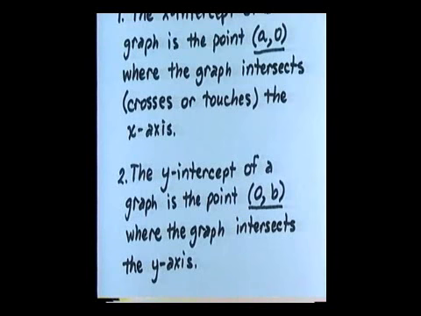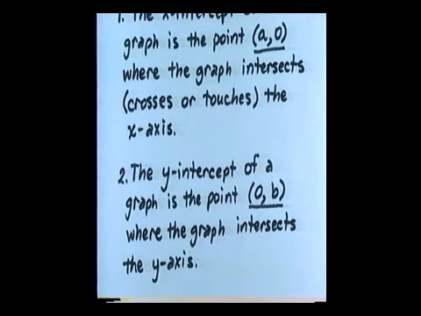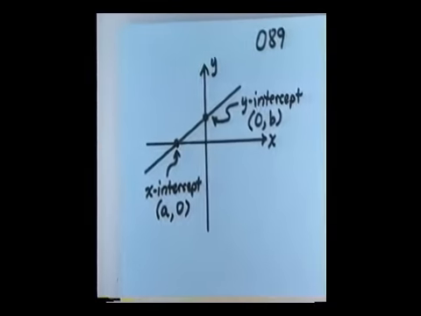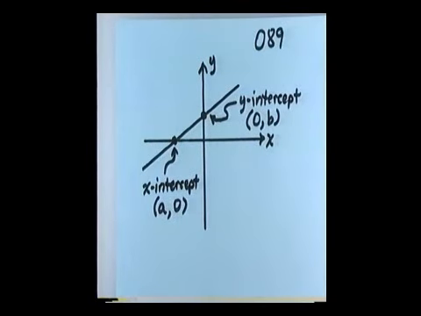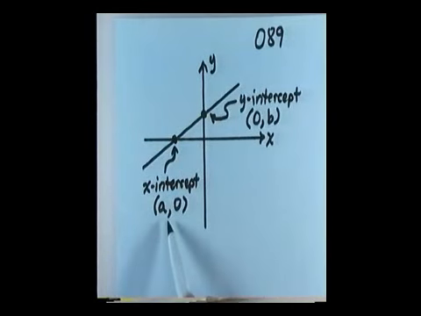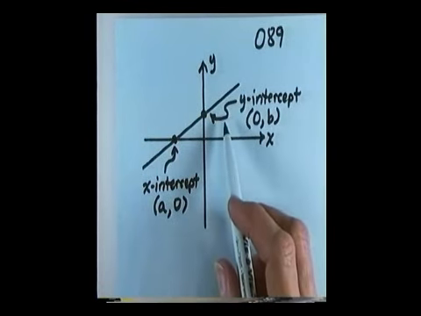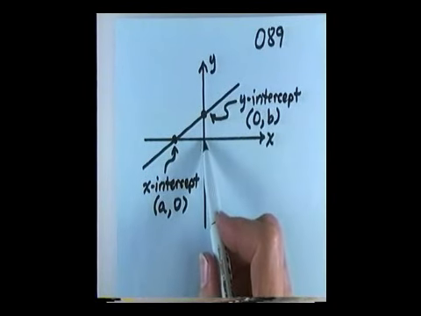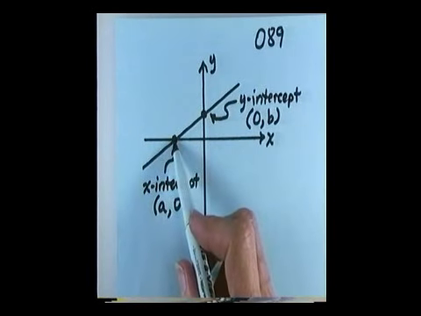Let's take a look at a graph which has the x and y intercepts indicated. Since we're working with graphs of lines, I've drawn a line, and the line touches the x-axis at the point (a, 0), the y-axis at the point (0, b). Counting from the origin, we would count to the left a units, and then not up or down any.